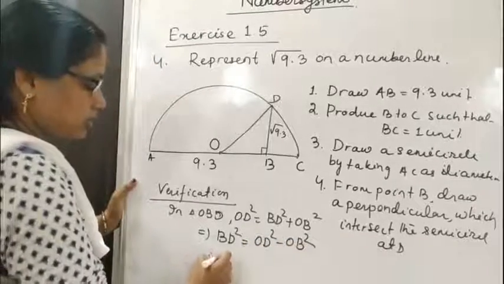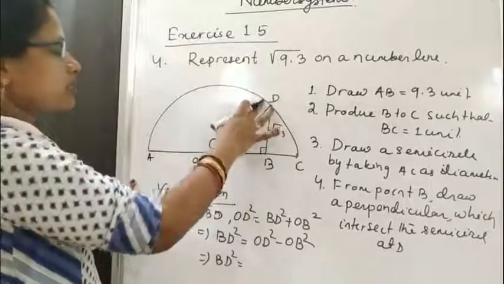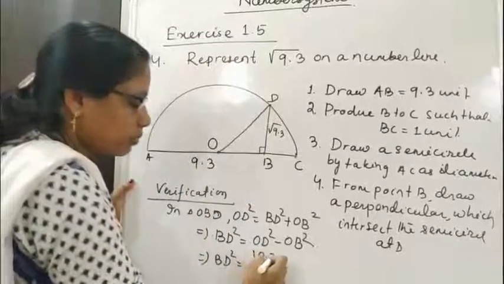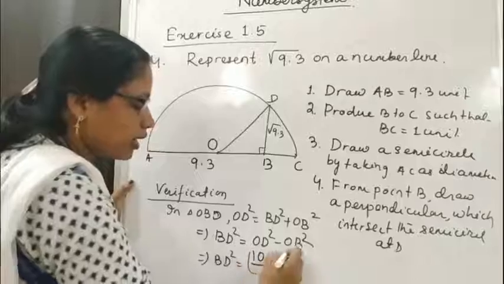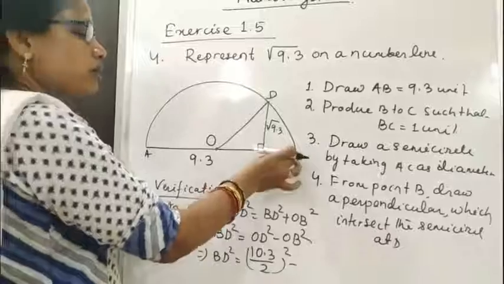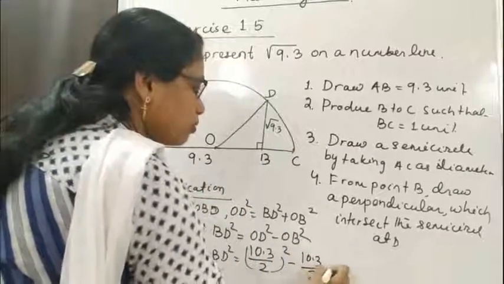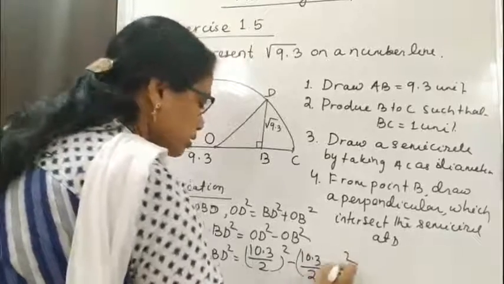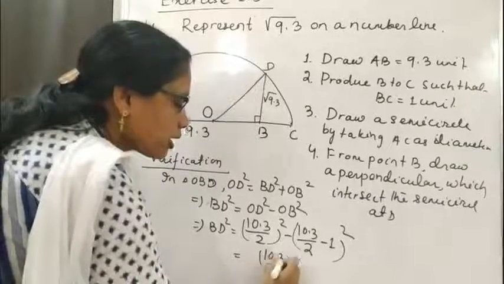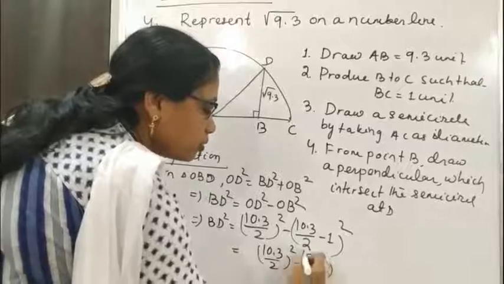OD is the radius of the semicircle, and the total length is 10.3, so it is (10.3 by 2) whole square minus OB square. OB is OC minus BC, so (10.3 by 2 minus 1) whole square. This is equal to (10.3 by 2) whole square minus (8.3 by 2) whole square.